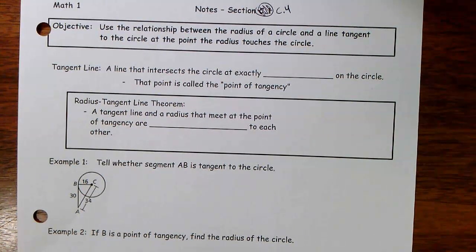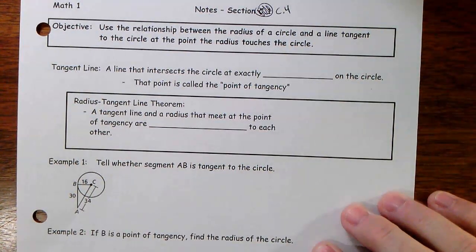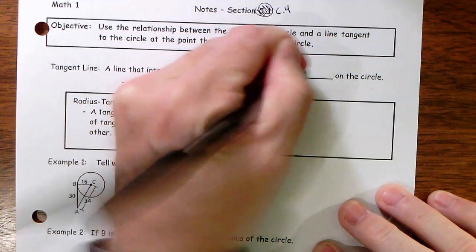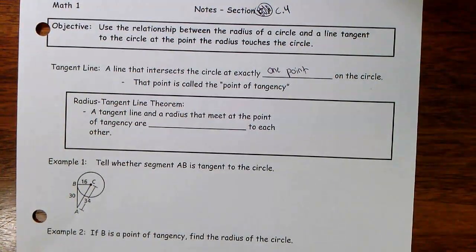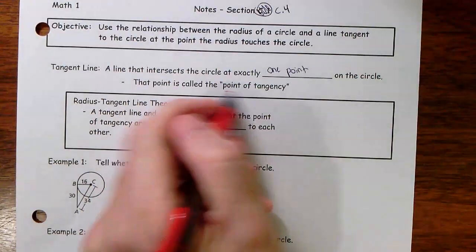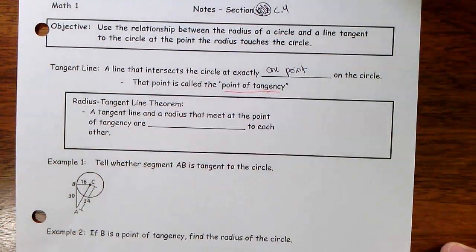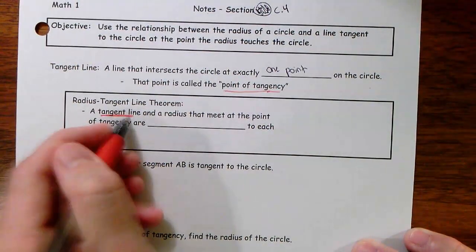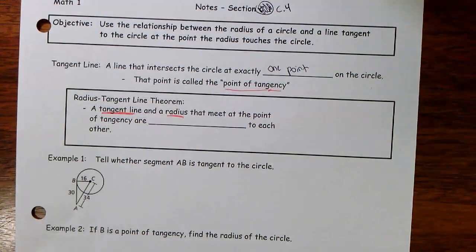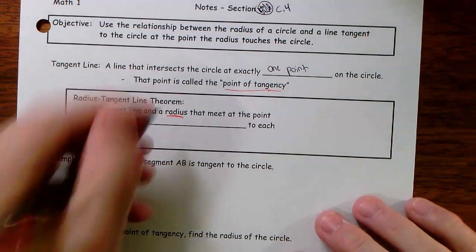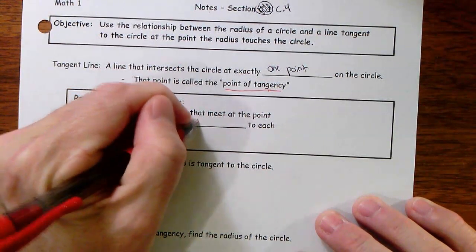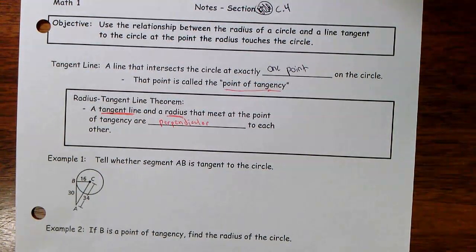And you might remember a tangent line is a line that intersects a circle at exactly one point on the circle. And that point is called the point of tangency. And we have a theorem about that point of tangency. A tangent line and a radius that meet at the point of tangency are perpendicular to each other.